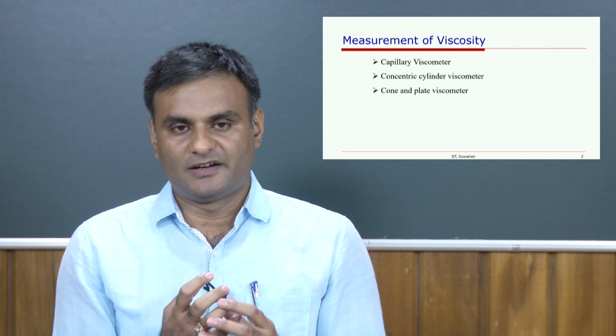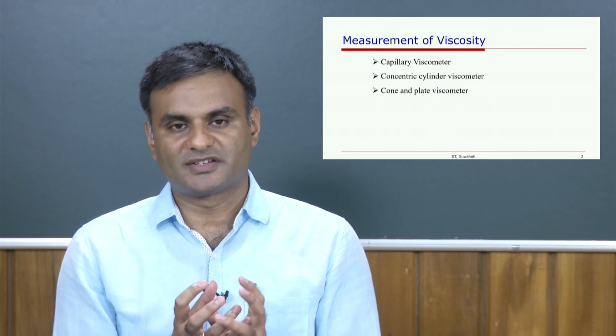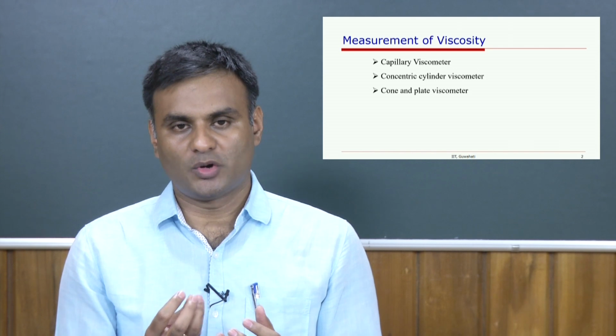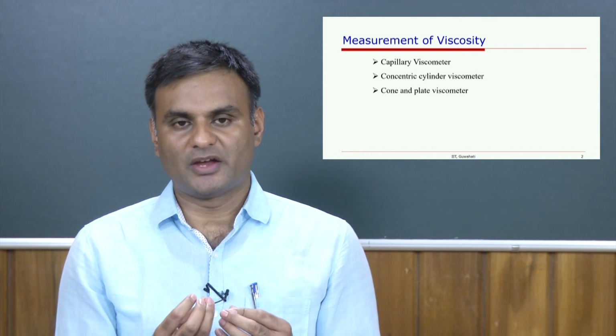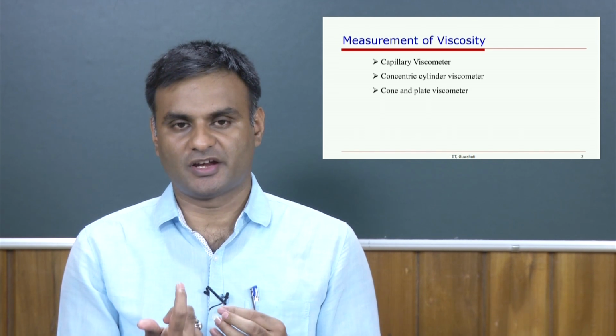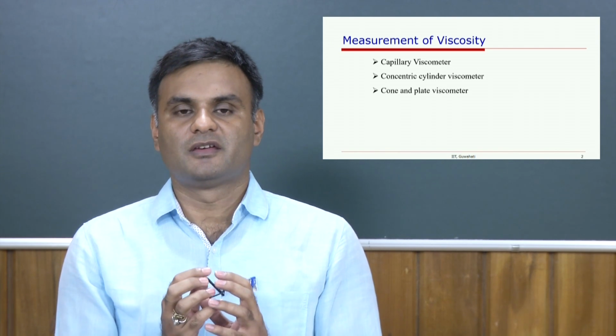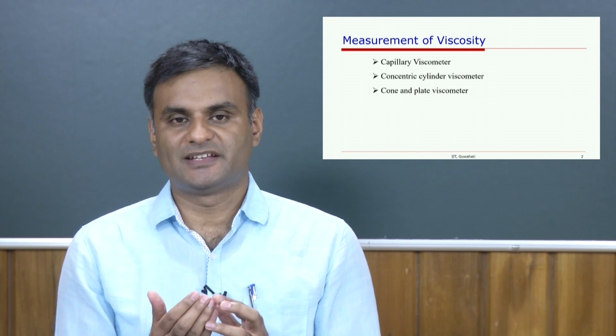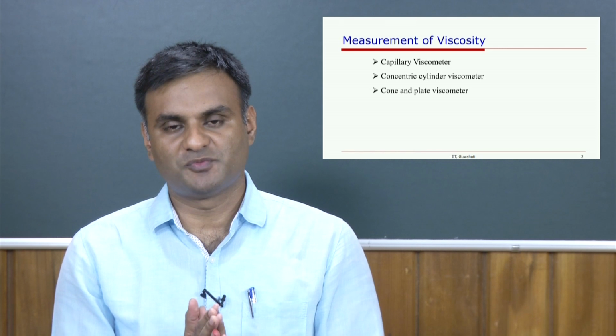One of the cylinders, generally the outer cylinder, is rotated at a known angular speed, by which one can impart a known shear rate, and the torque on the inner cylinder, which is fixed, is measured.